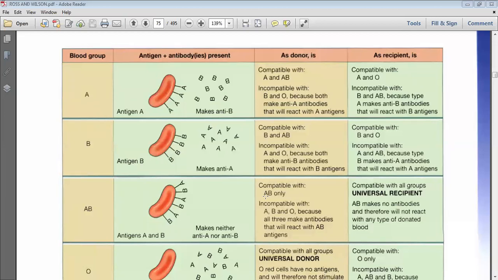So the AB person can only donate the blood to the person AB only, and as a recipient, AB can receive the blood from A, B, and O type of blood group individuals.